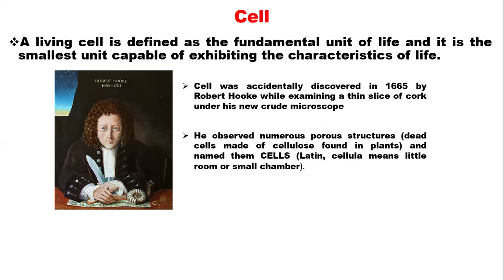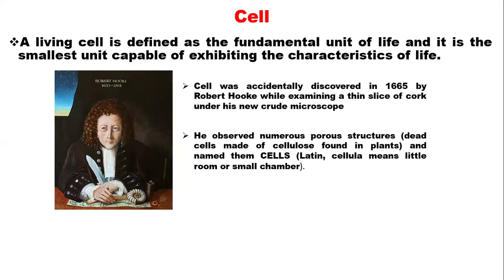It's the smallest entity that can carry out all the characteristics of a living thing. So what are those characteristics? You know from your basic biology: movement, respiration, irritability, and so on and so forth. So a cell has the property to carry out all those characteristics of life.